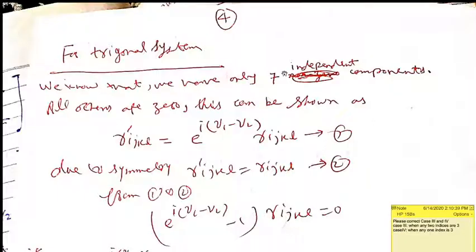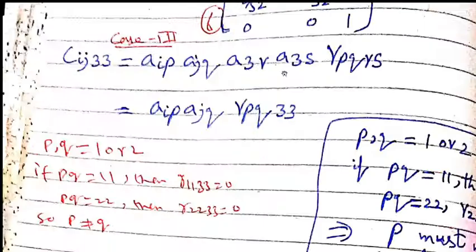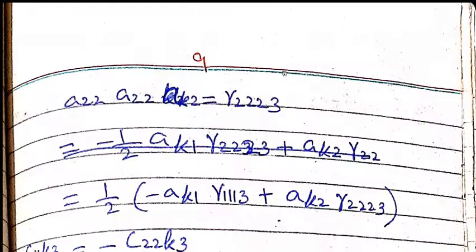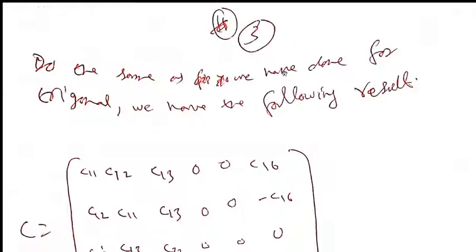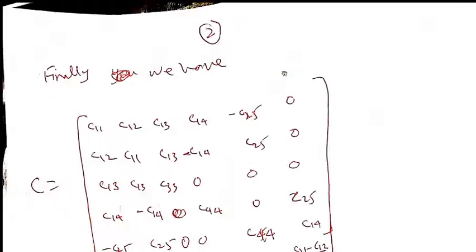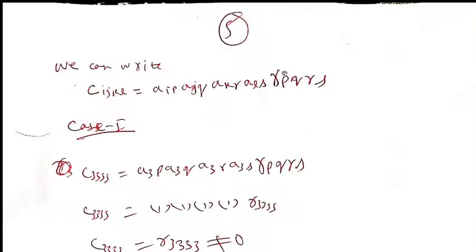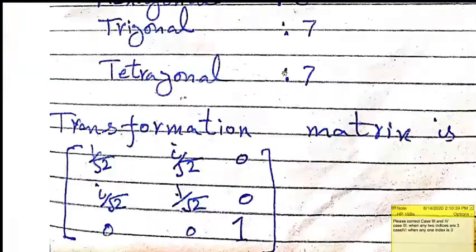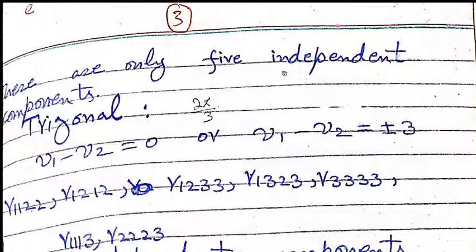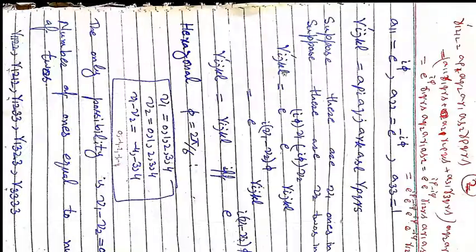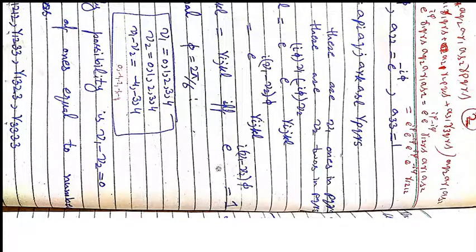Now trigonal. For trigonal we have angle 2 pi by 3. So phi will be 2 pi by 3. Now we will have to see when this will be equal to 0.